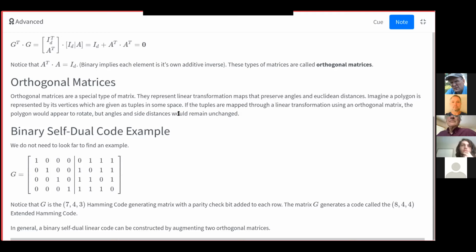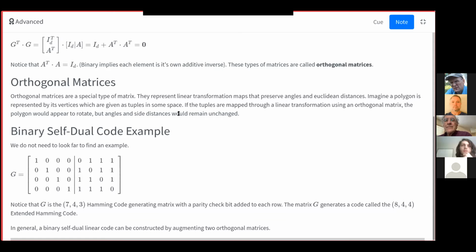All right, so you may say, well, how hard is it to come up with an example of a self-dual code? Well, it turns out the Hamming code gives us one right straight away. If you take the Hamming code and to each row you add a parity check on the end of it, it turns out that you actually create a self-dual code.